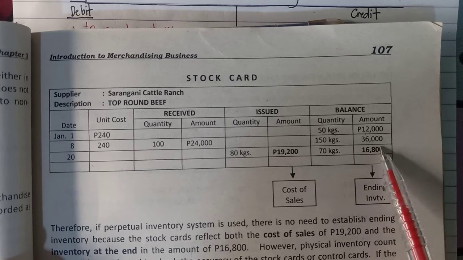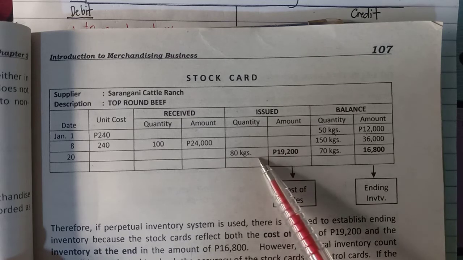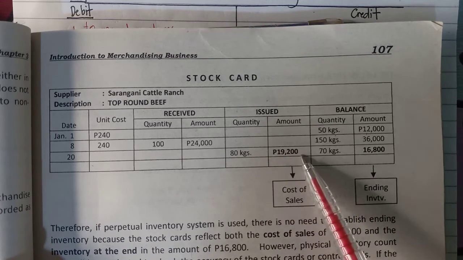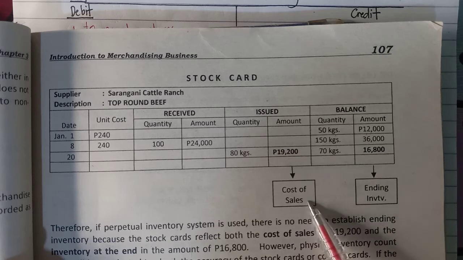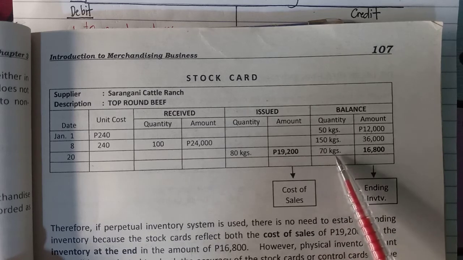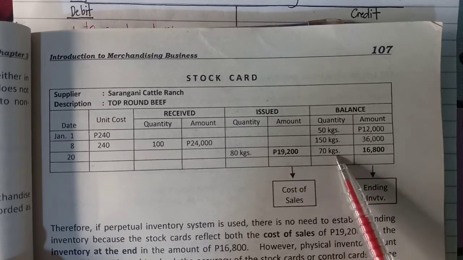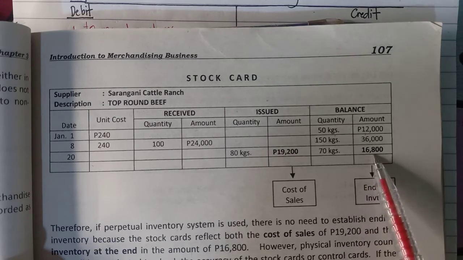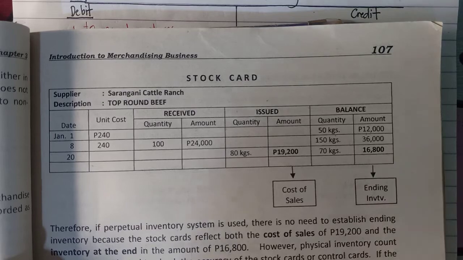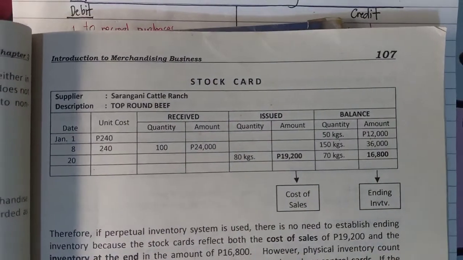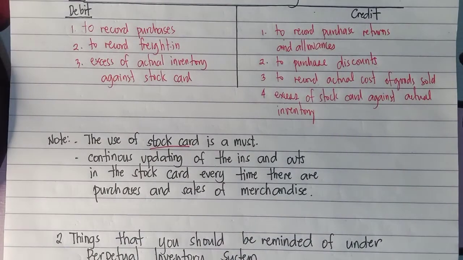Then the total amount is 36,000. On January 20, they issued 80 kilograms worth 19,200. So this is the cost of sales. So 150 less 80, there is 70 kilograms balance, and the total amount balance is 16,800. So that's the example of a stock card. So let's continue.